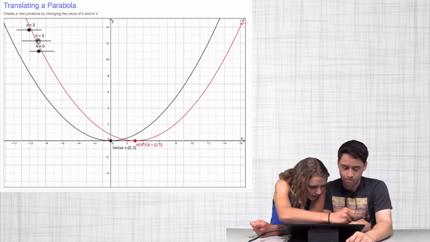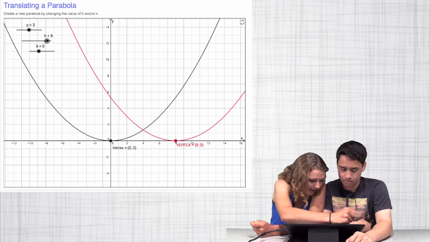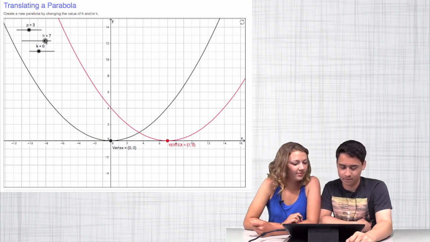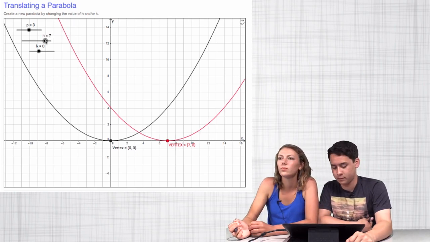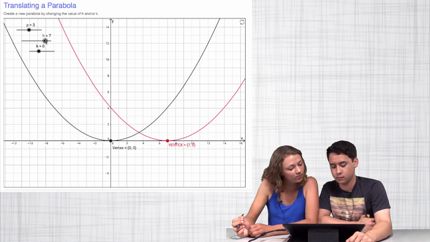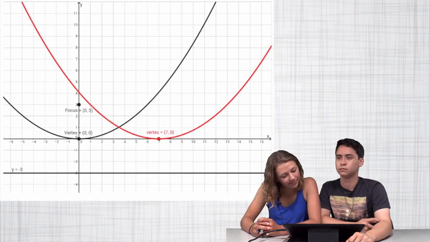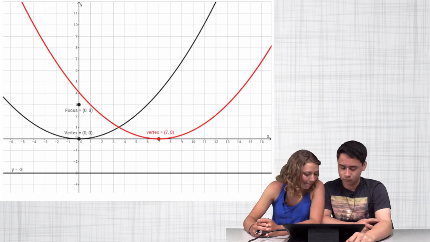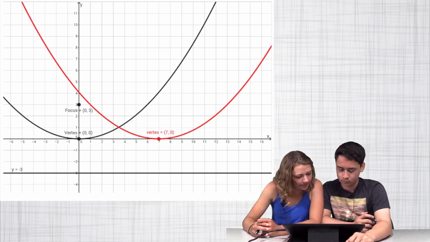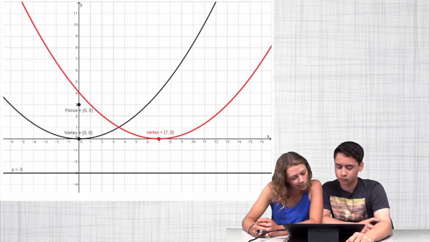Okay, so this is the parabola that's been moved to the right 7 units, and it's still on the x-axis. Here's the original or base parabola with a vertex of 0, 0, and then your new one, the red one, has been translated or moved to the right 7 units.